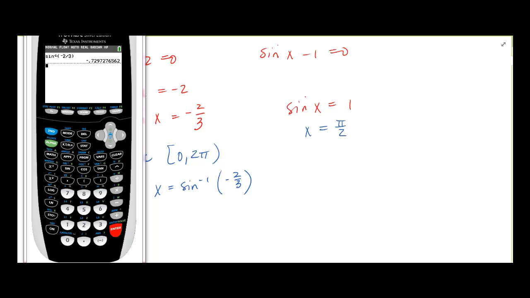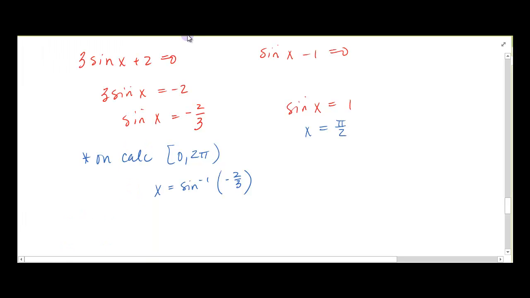Let's talk about what happened when we took that. What did the calculator just return for us? Remember that inverse sine lives in quadrants 1 and 4. And when I take the inverse sine on my calculator, it returned a value down here, negative 0.7297.